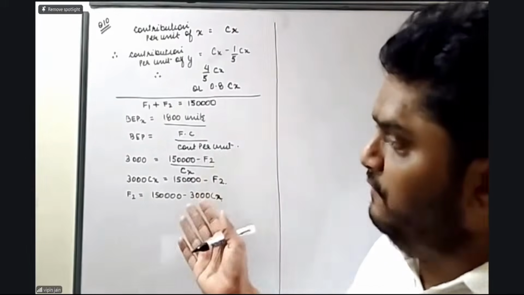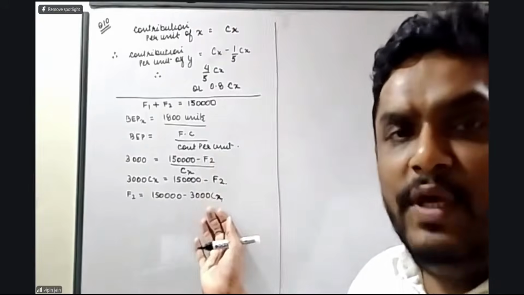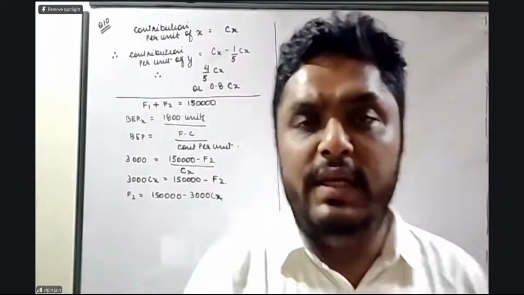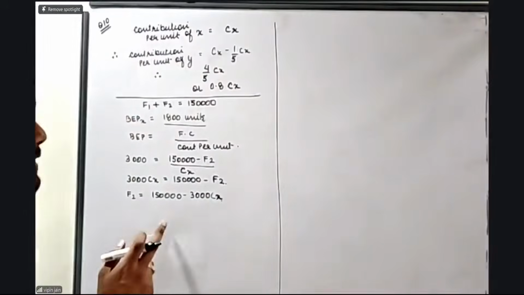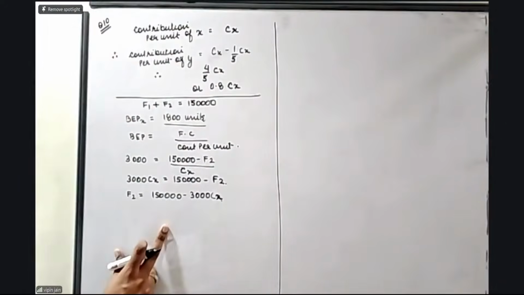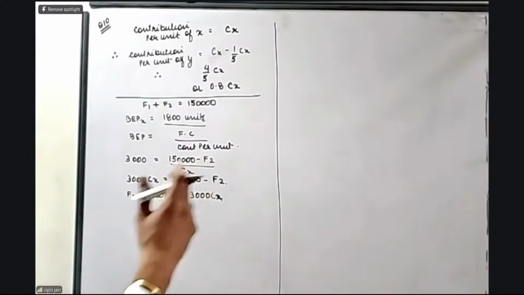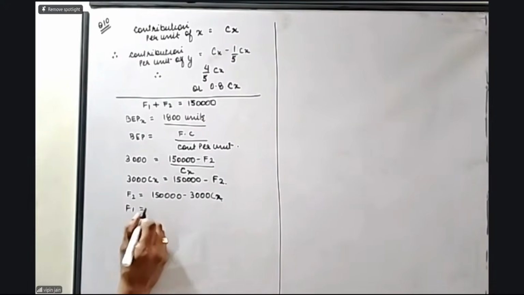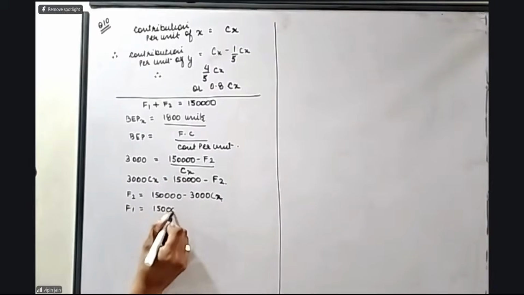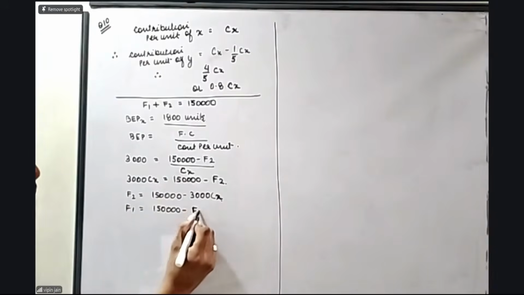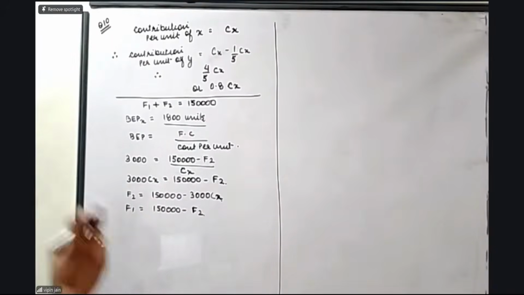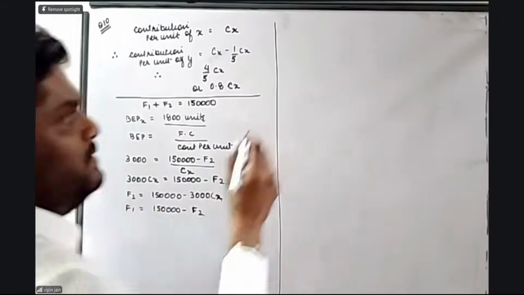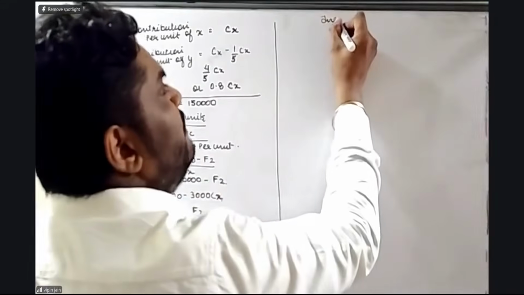Yes, see, this much I have done. Now, I'm just giving you a hint that at 3000 units, their profit will be the same. We have F1 is equal to 1,50,000 minus F2. And at 3000 units is the indifference point.